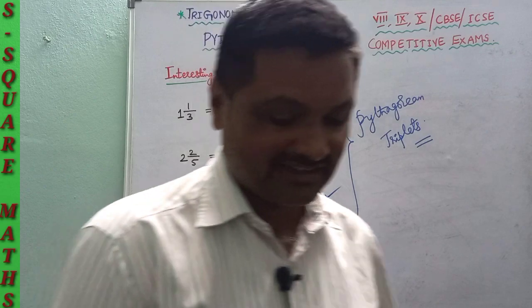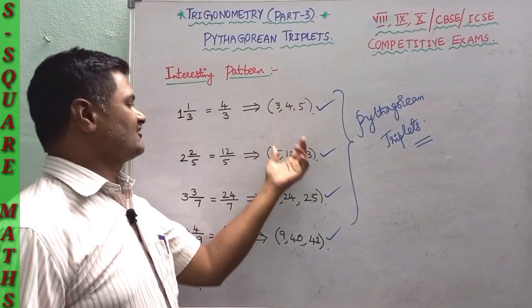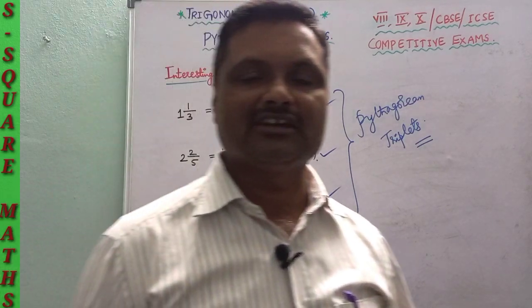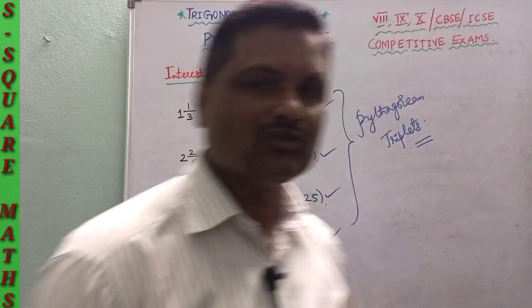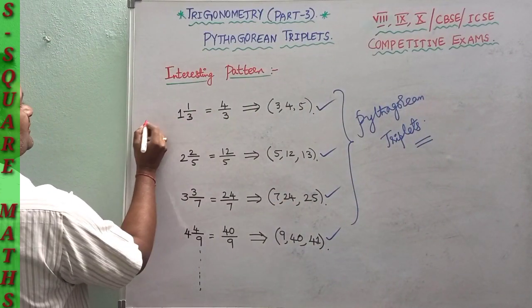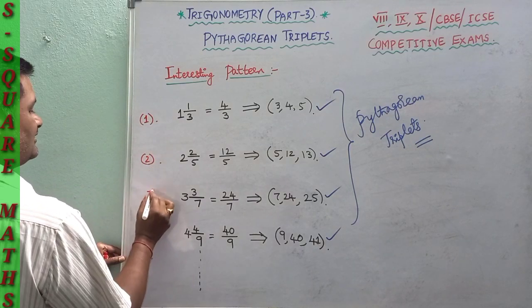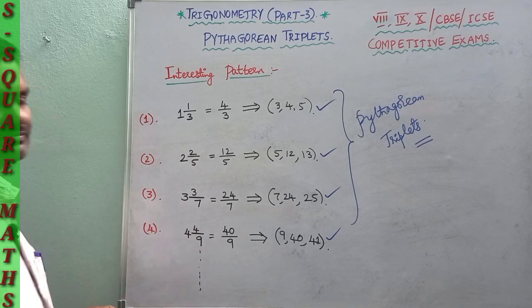It's so interesting, I think so. Consider a square plus b square is equal to c square. For all of these, you are going to get a Pythagorean triplet, the sides of a right angle triangle. So let us give the serial number for this. This is our first one, this is second, this is our third, and this is our fourth one.